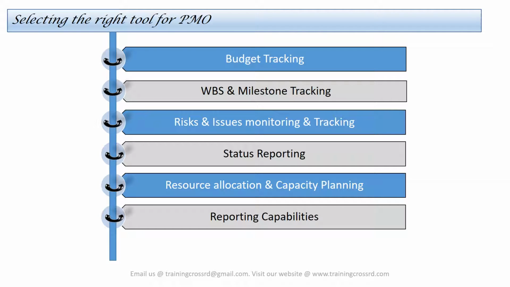So, if you can evaluate the tools based on these criteria, in addition to the budget which your company allocates for this tool, you should be able to make a good decision on a good project management tool. I have used Clarity, I have used Microsoft Project, and I'm also aware of Jira. As project management tools, all of these tools are pretty efficient. Jira is being extensively used for projects that follow agile methodologies, and Microsoft Project is also pretty good.